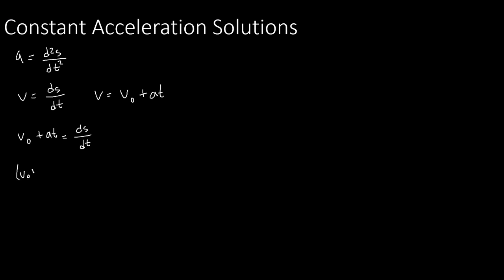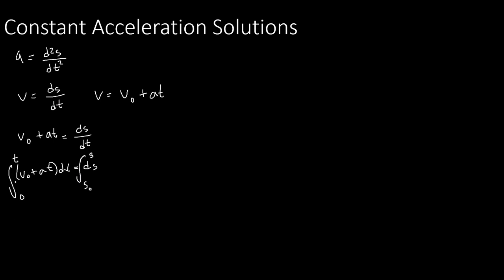So we'll have v naught plus at dt is equal to ds. And now let's integrate both of these from initial position to final position, wherever you currently are. And since we're doing time here, we'll do 0 to t. So now let's go ahead and integrate this.